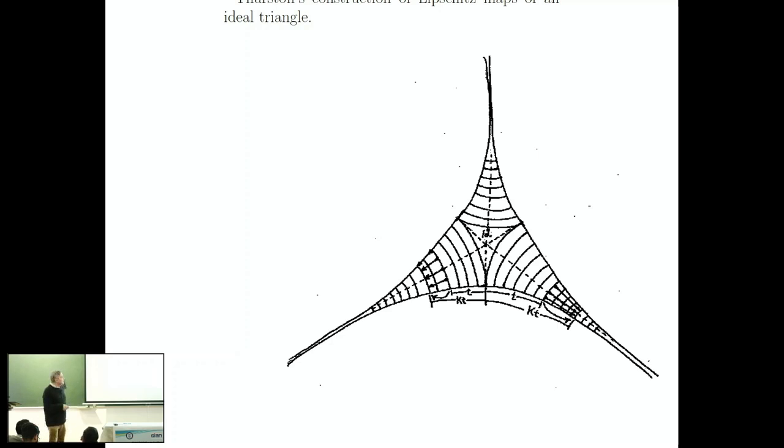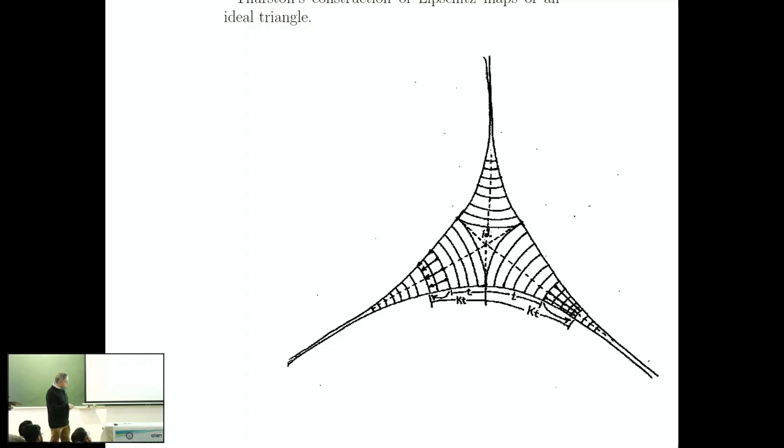Imagine all these pieces of horocycles are pieces of circles in the hyperbolic space which are tangent to the boundary. Tangent in the Euclidean sense. They make zero angle with the boundary circle, with the boundary at infinity of the space.